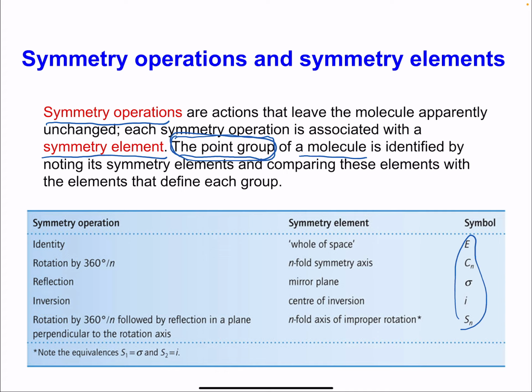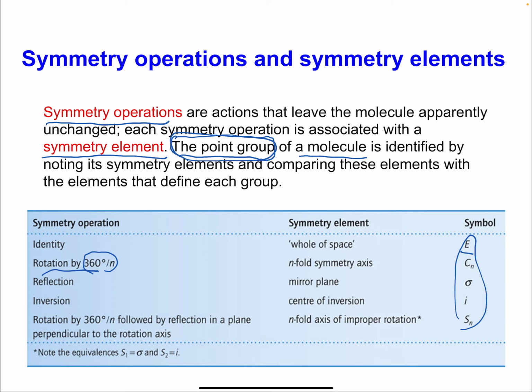In terms of symmetry operation, as you can see here, we have 5 basic symmetry operations, and correspondingly we have 5 symmetry elements. The first one is called identity. Identity means no change. The object stays there, nothing happened, no additional operation.